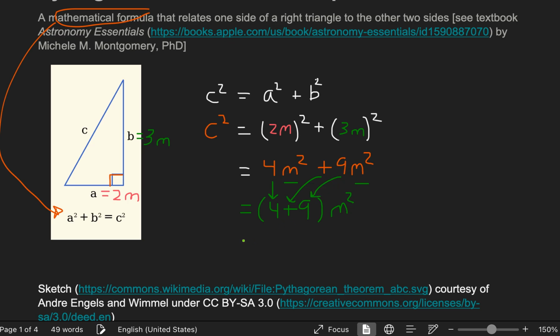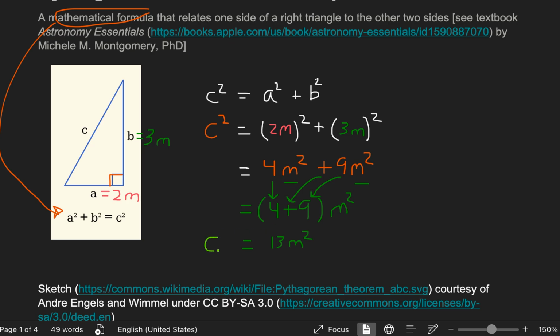Now I just need to add. 9 plus 4 is 13, and I carry the meter squared down. It's only because both of these on either side of the plus sign have the exact same units, m squared, that I can add the numbers before them.